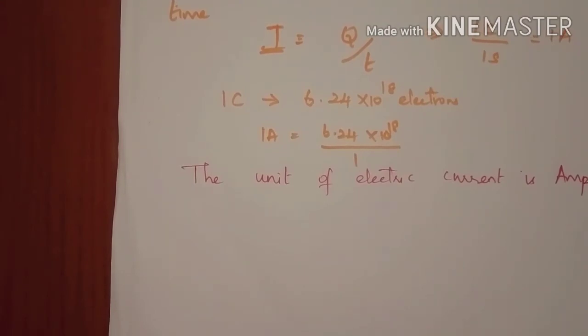On the basis of the flow of electrical charge, current can be classified into two types: one is alternating current and the other is direct current.